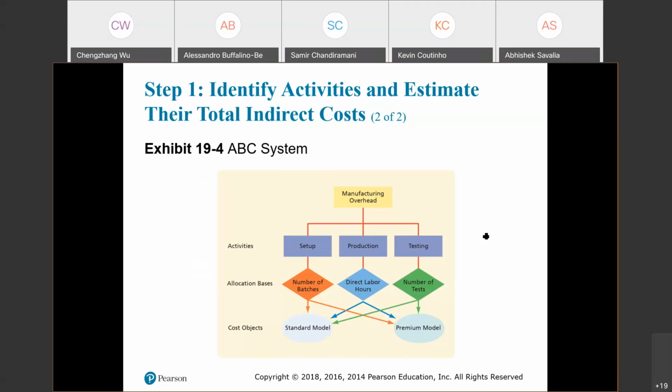So, for example, in Smart Touch Learning Company, let's assume that 3 activities should be focused to allocate the total overhead costing. These 3 activities are setup, production, and testing.